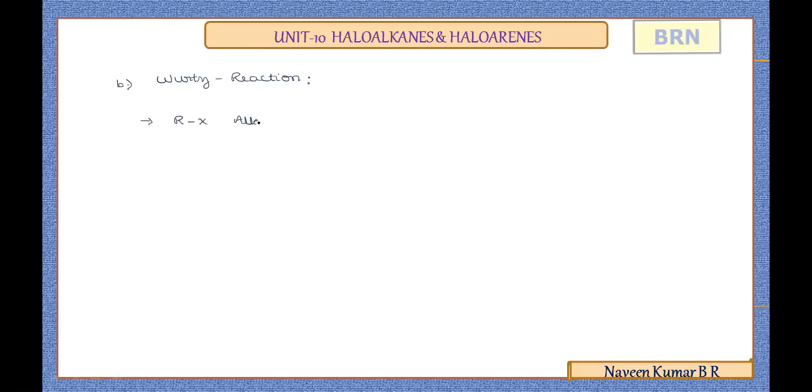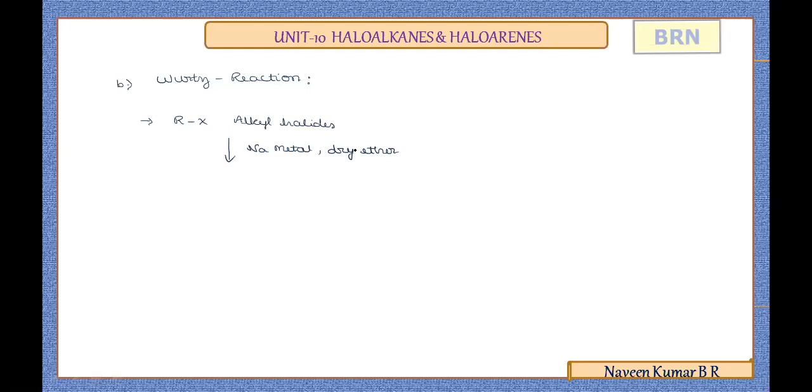So if we take any alkyl halides, generally chlorides, bromides, or iodides, any alkyl chlorides, alkyl bromides, or alkyl iodides, if you treat with sodium metal in presence of dry ether again, so reaction with metals, you are going to see the dry ether medium.